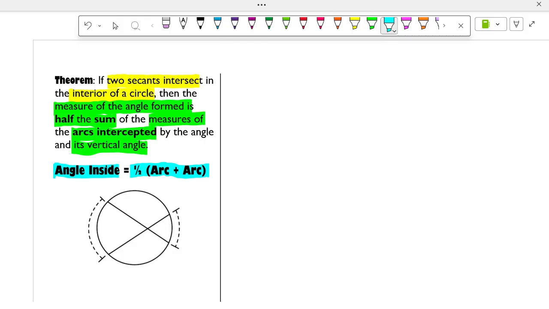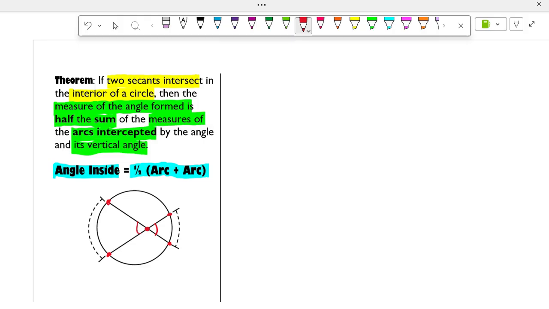So, first off, let's just name these two angles. Now, these two angles would be congruent. Why? They're a specific type of angle that you guys have heard before.